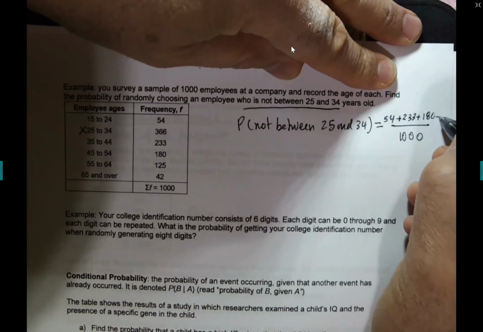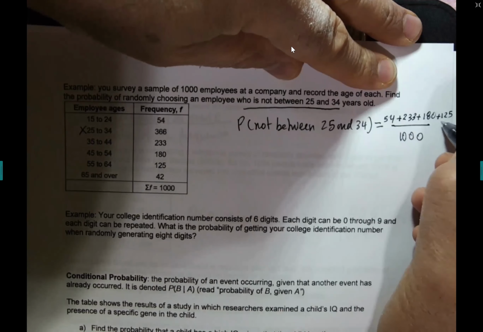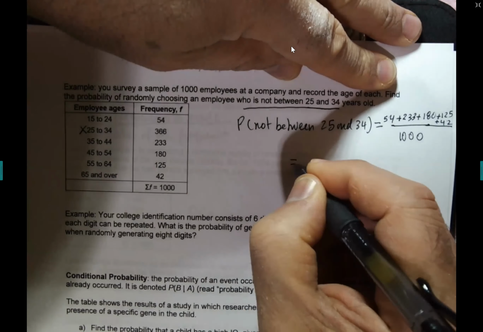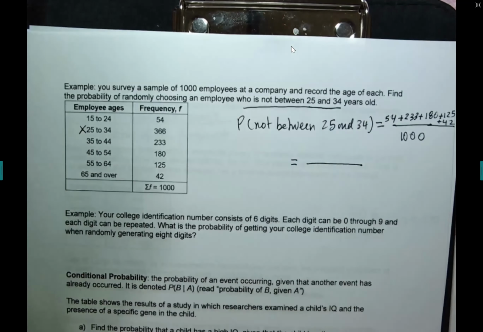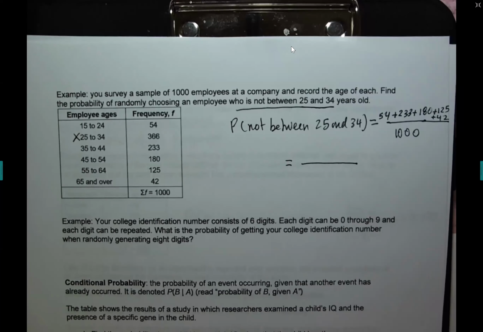I agree. That's one way to do it. Plus 125 plus 42. Okay, that would be what, guys? You add them up for me. So let me see. 54.